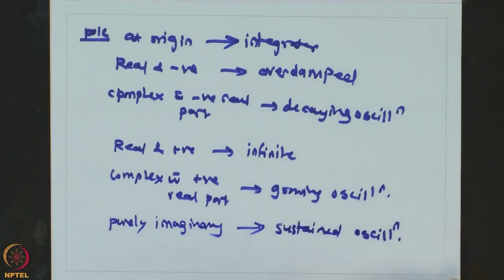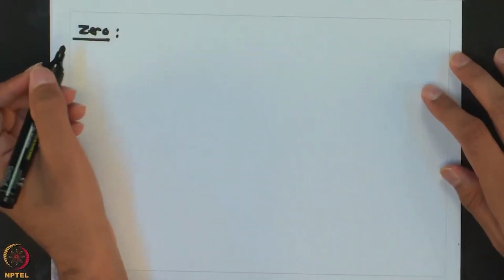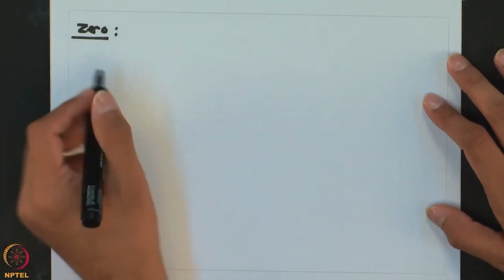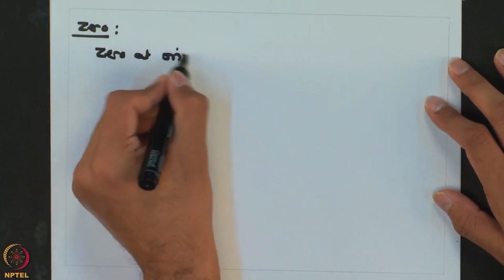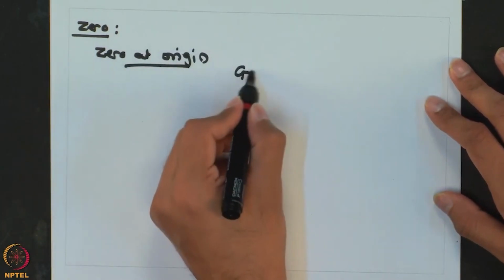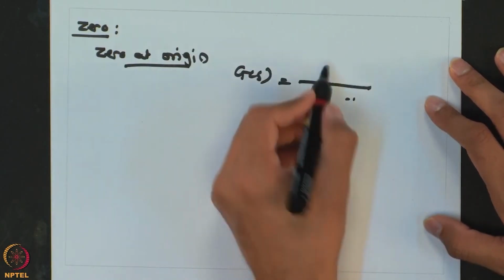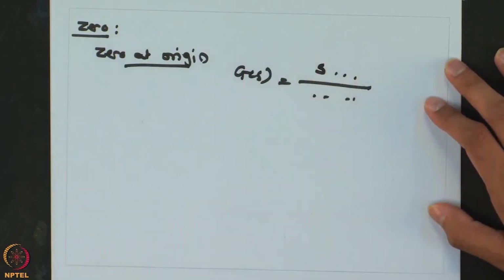So far we have not looked at where the zeros of the system are. So we will now see how this analysis changes when we have zeros in the system as well. So when you have a 0 in the system or a 0 at origin, the transfer function will be of the form s in the numerator.